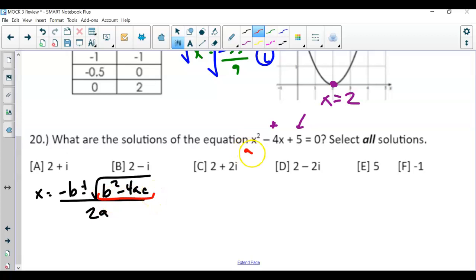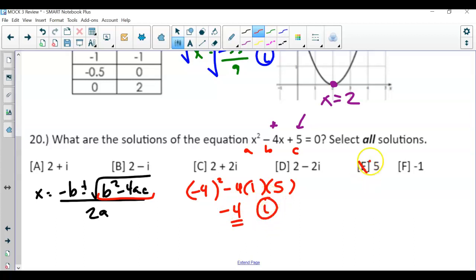So I'm going to identify my a, b, and c. b squared, negative 4 squared minus 4 times a, which is 1, times c, which is 5. Now here you get a discriminant of negative 4. That means I need i in my answer. So I'm going to mark off E and F because those are whole numbers when I need i.